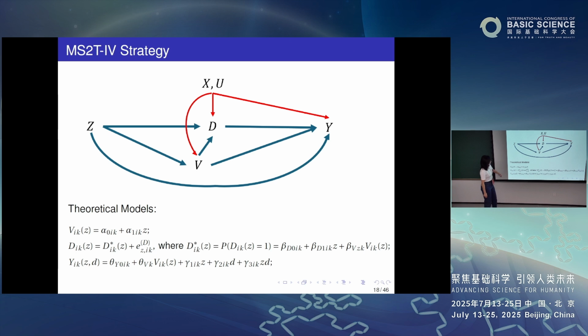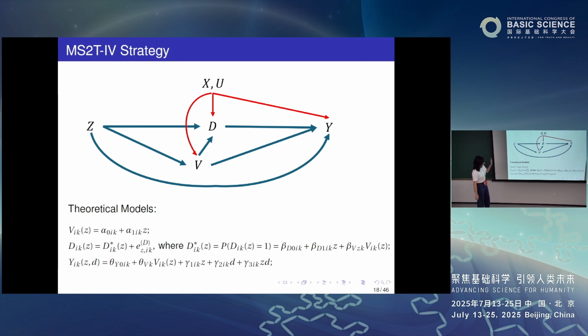Okay, this is a model for D(z), and also for Y, it's affected by Z and D and V, and also X and U. X and U are embedded in this intercept, in this index i here, in those coefficients.